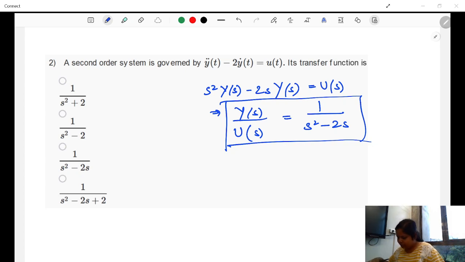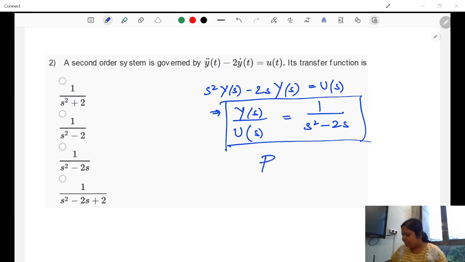the transfer function. Okay, since you have studied this, can someone tell me where are the roots of this transfer function? 0 comma 2, madam. Yes, 0 comma 2 is the answer.